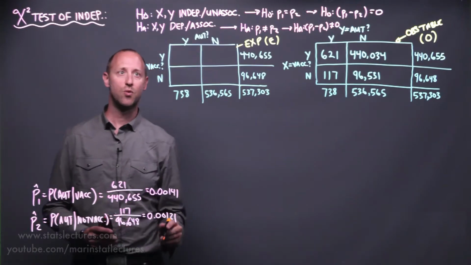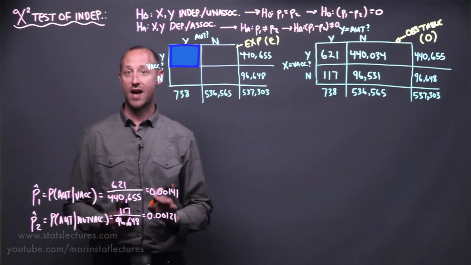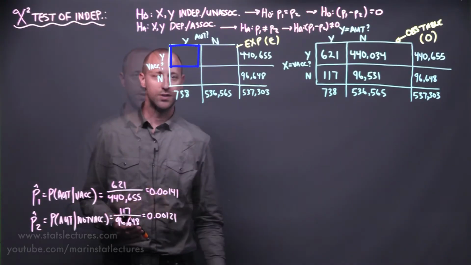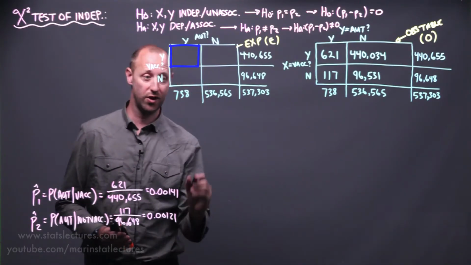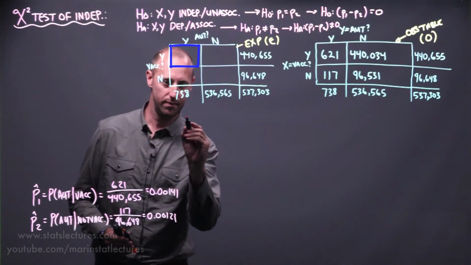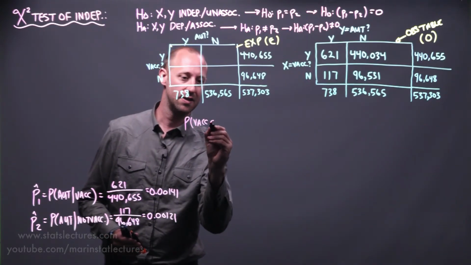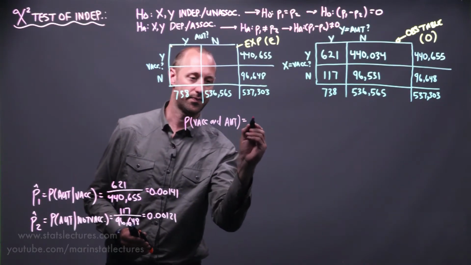So let's choose one of the cells to pick on, and I'm going to choose this cell up here, those who were vaccinated and those who also were diagnosed with autism. So what we'd like to work out is what's the probability of falling in this cell? We're going to start there. What's the probability of being vaccinated and being diagnosed with autism?